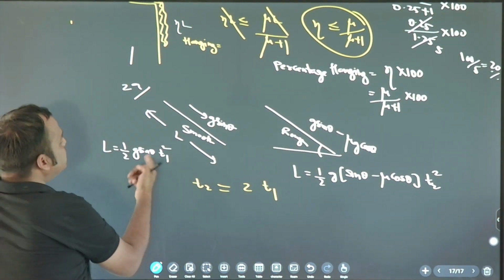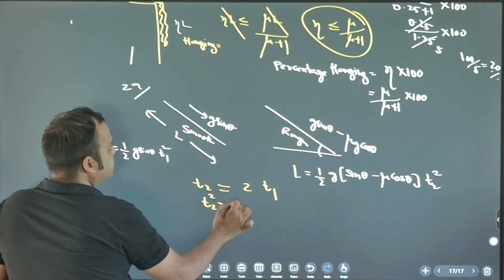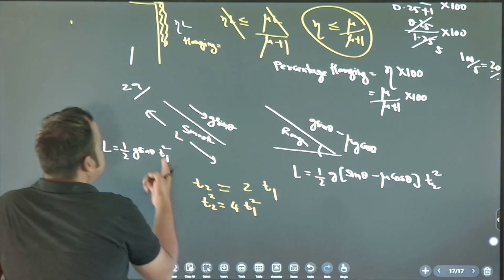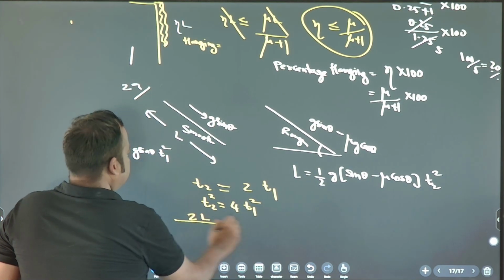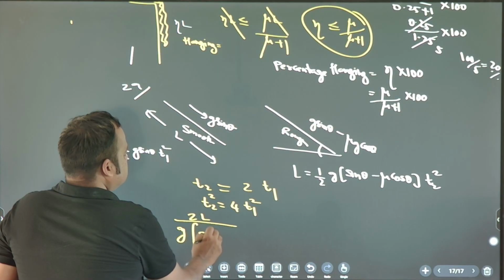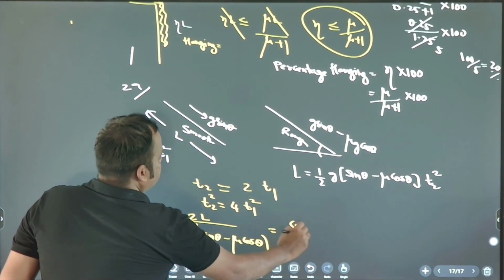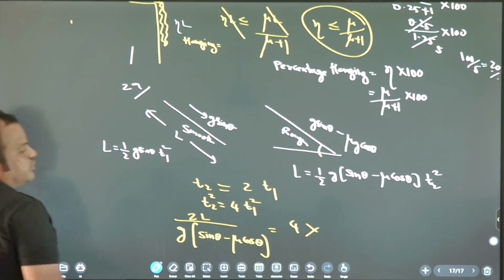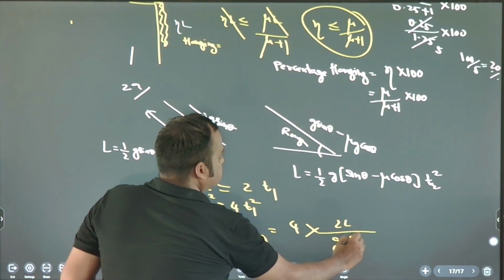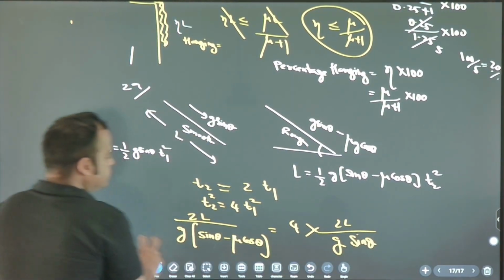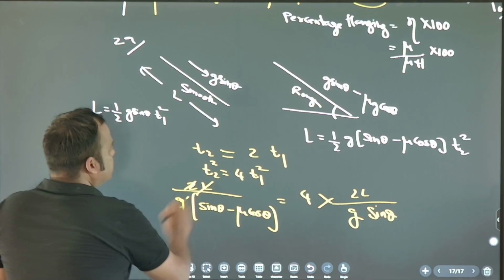So substitute, what is T square? Square both sides. T2 square is 4 T1 square. What is T2 square? Substitute here: 2L by G sin theta minus mu cos theta. Understood? 4 times of T1 square. What is T1 square? 2L by G sin theta. Are you getting? 2L by G cancel.